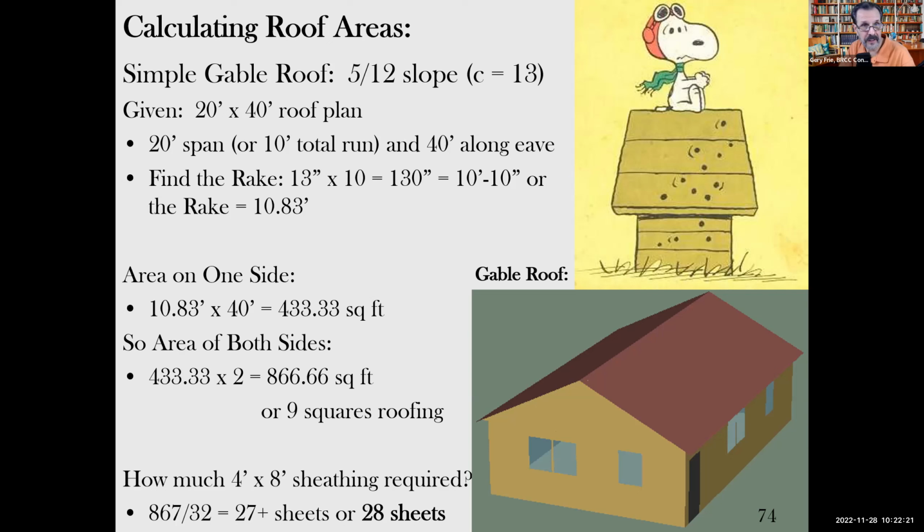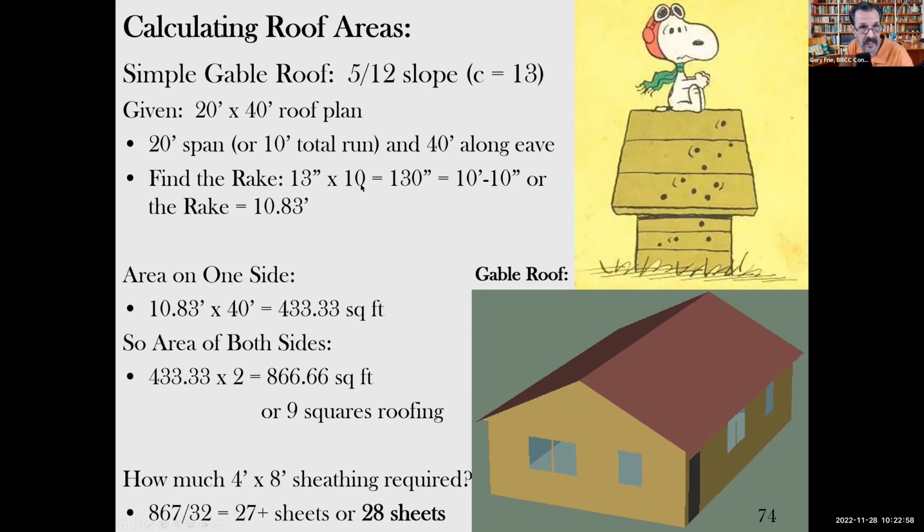In this simple example, if we're going 10 feet over horizontally on this roof, then that slope is going to be 10 times bigger.